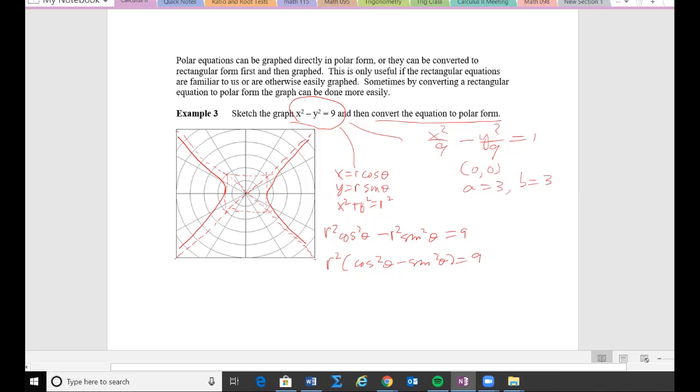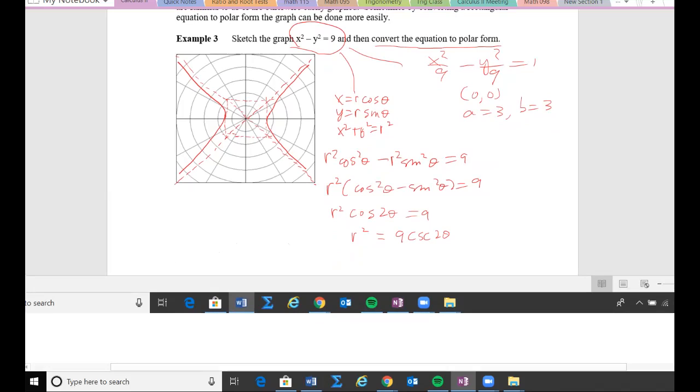It is in polar form because notice we have r and theta, no more x's or y's. But we might also clean this up a bit. Cosine squared minus sine squared is cosine of 2 theta. So we can even write this r squared equals 9 secant 2 theta, just by dividing. And this would be good enough. I hate to go into the radical form, plus or minus 3 square root, but it isn't going to change.